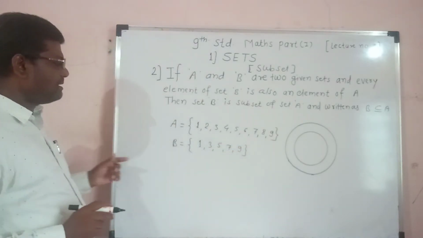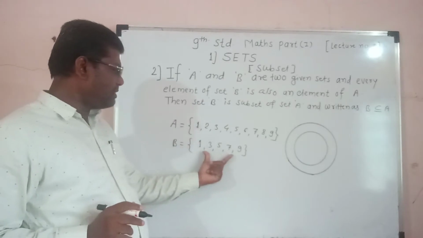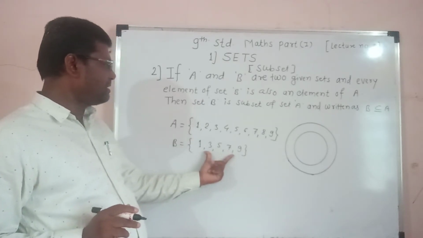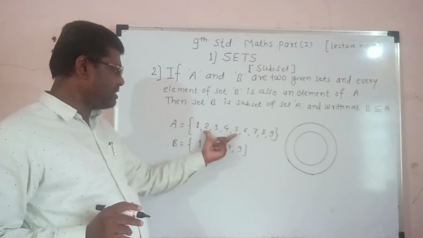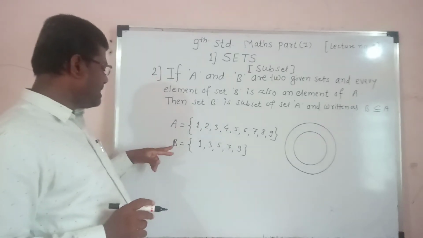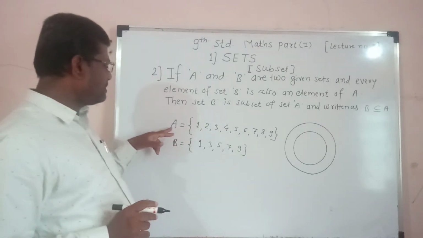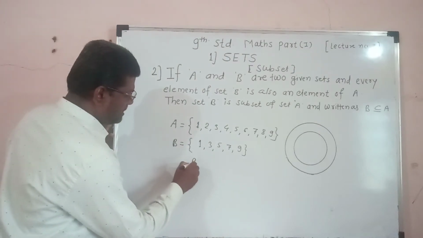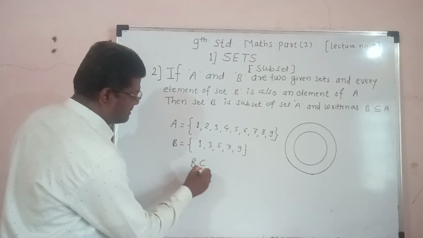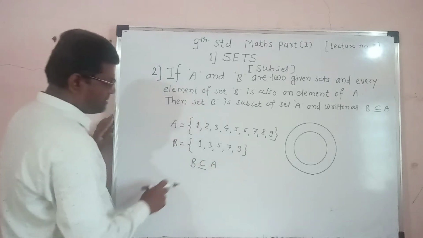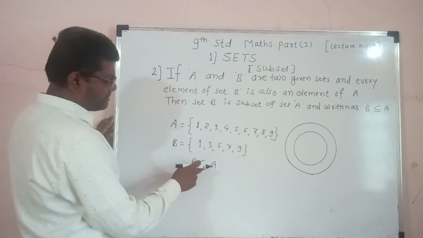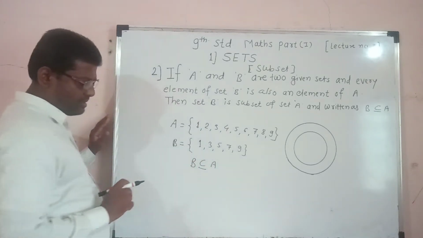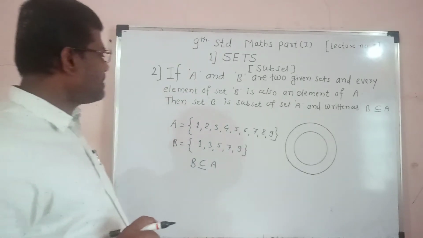Then we see that every element of set B is an element of set A. Then set B is called a subset of set A, and we write this as B ⊂ A. Set B is a subset of A.